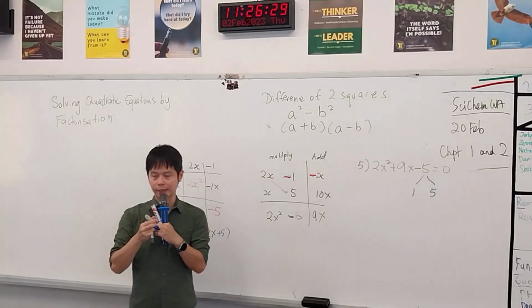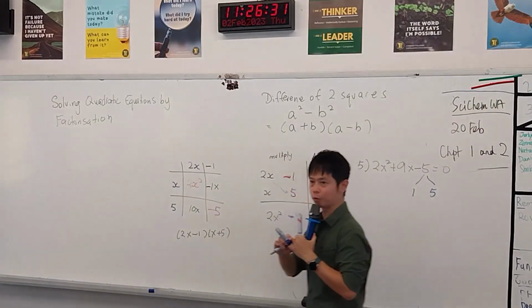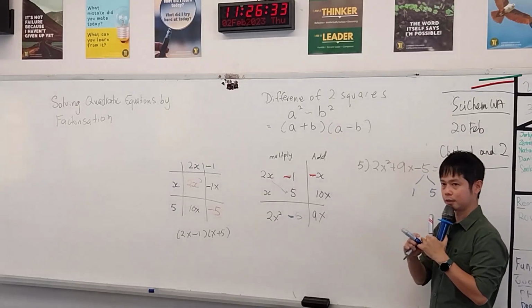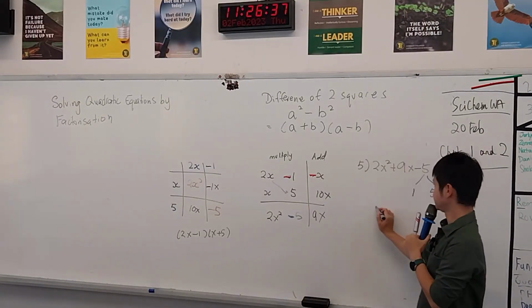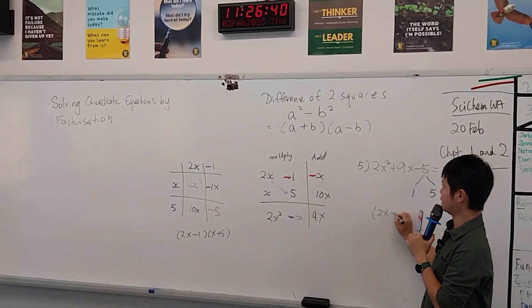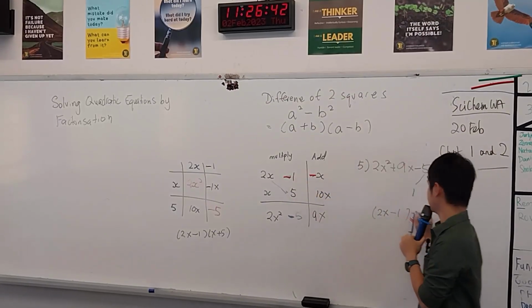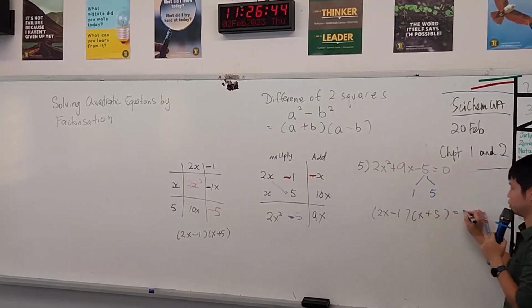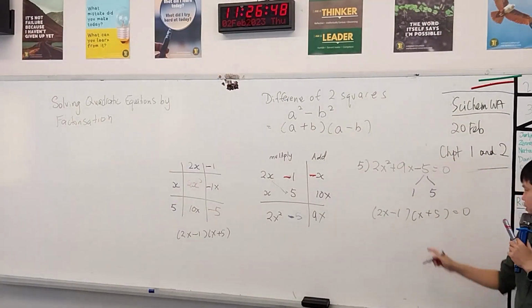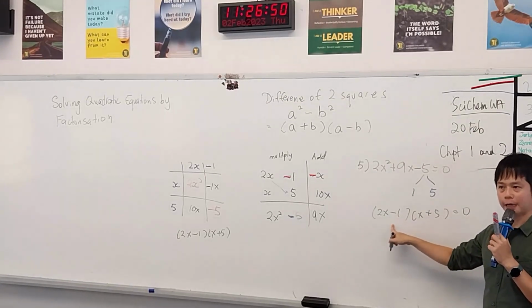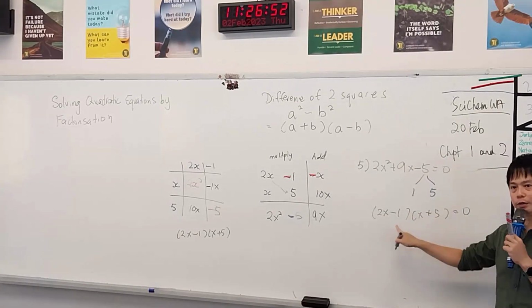In your homework, I always say, please check and expand before you conclude that this is the final answer. So we will have 2x minus 1, x plus 5 equals 0. Expand and check that you get this. How do we solve this? Are you able to do this mentally?